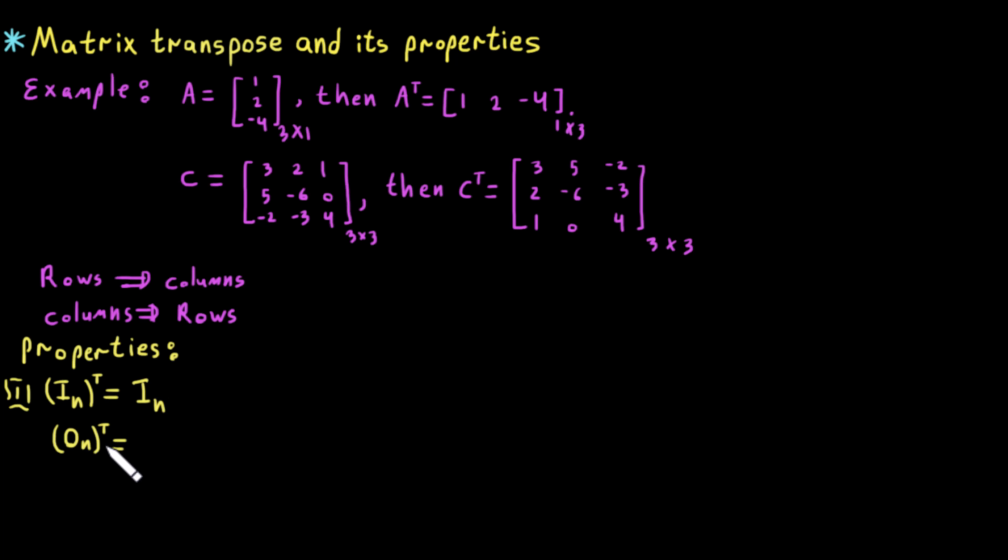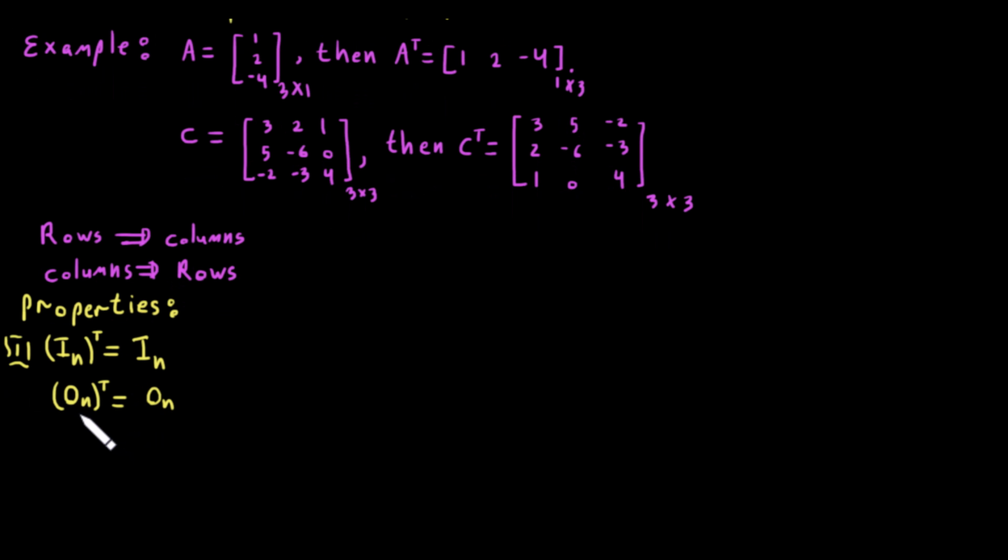If I write 3, it will become 3 by 3. If you want to write 5, it will become 5 by 5. So the zero matrix will not be affected by transpose, and the same thing with identity.